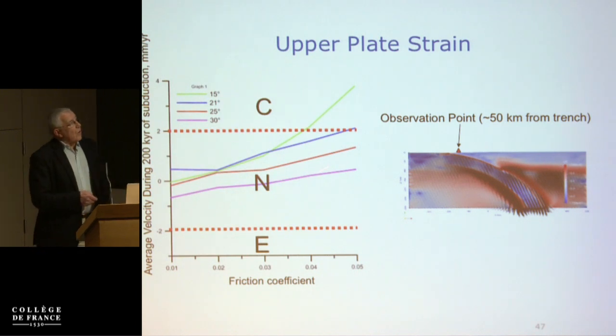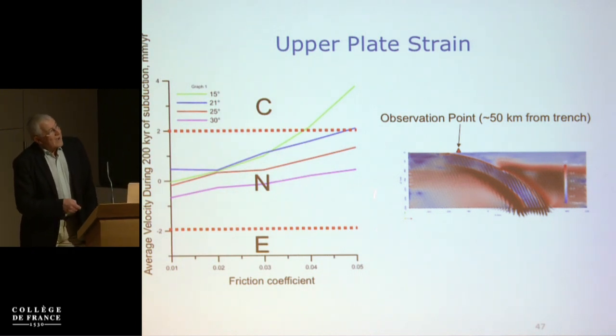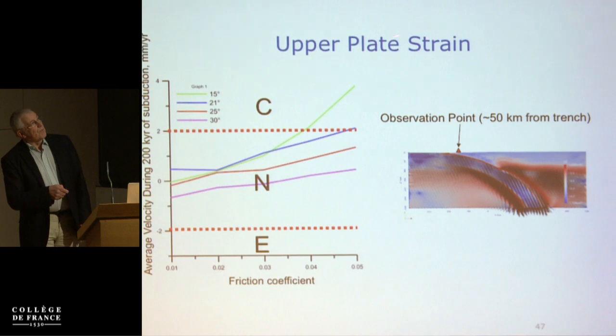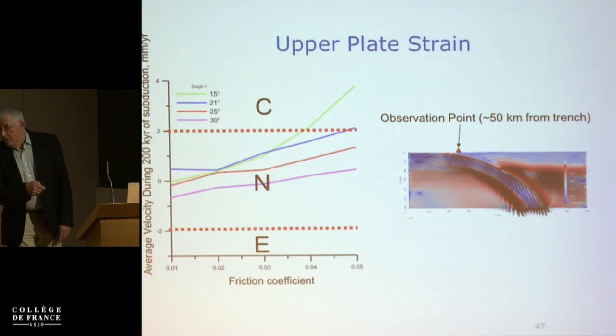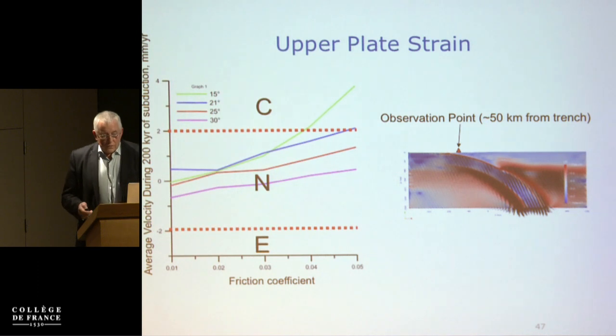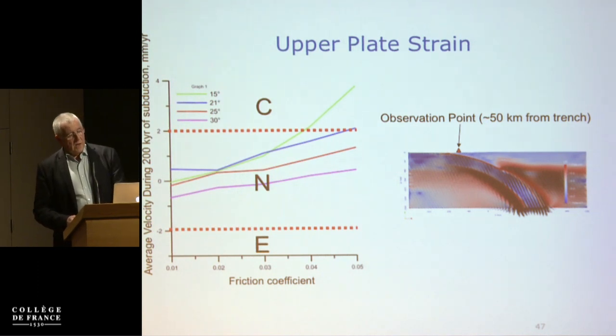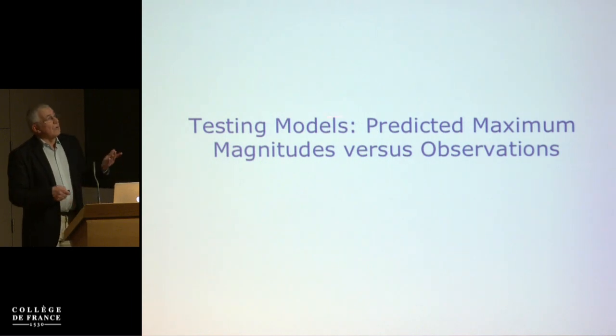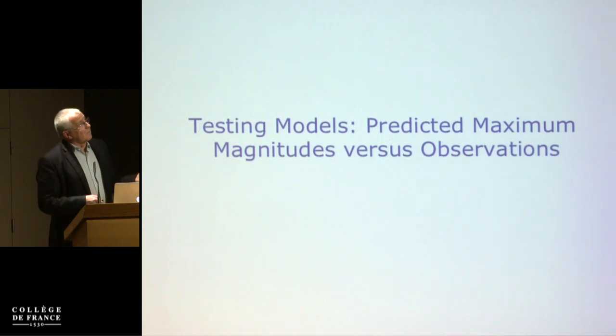Only in the case when you have the maximum friction, which we suggest to be 0.05, you begin to have compressional deformation here, like in Central Andes, but also not very large.